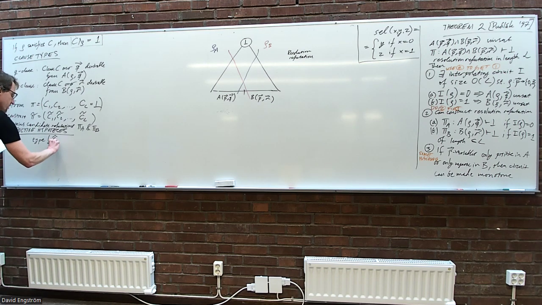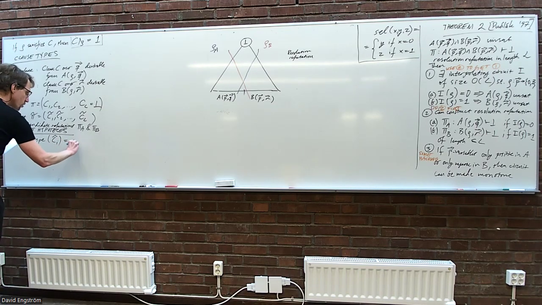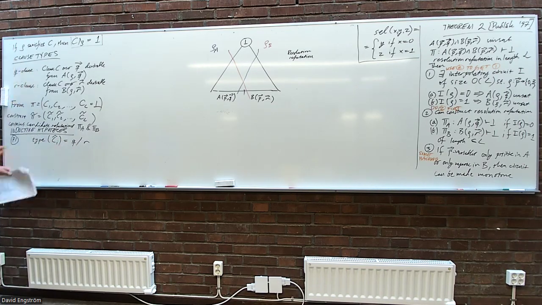For every clause, I'm going to classify it as either a Q clause or an R clause, not both. I'm going to do this by induction. And note that this means as soon as I've classified it, I know if it's derived from A or if it's derived from B. Right?